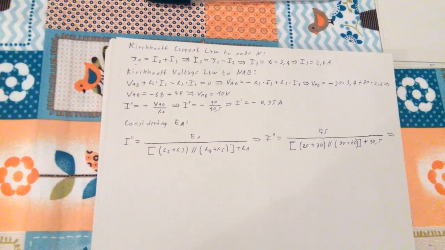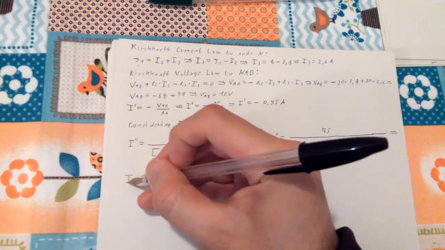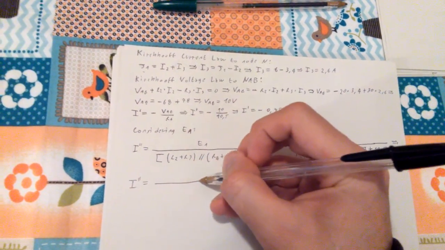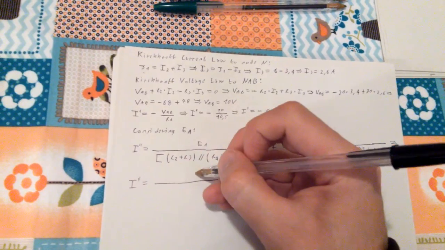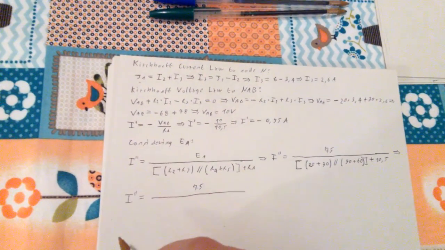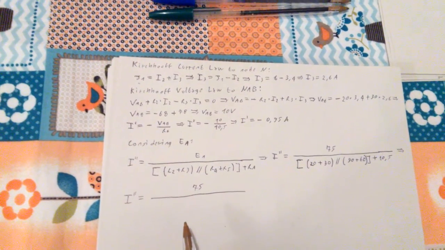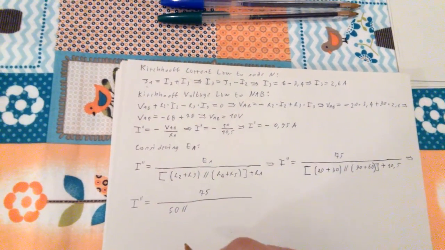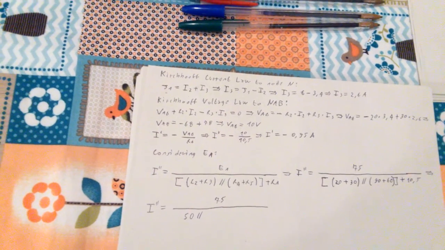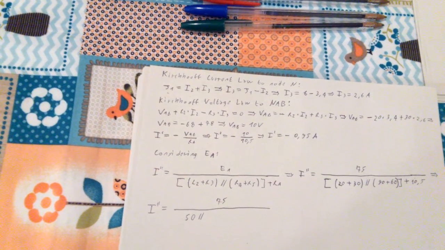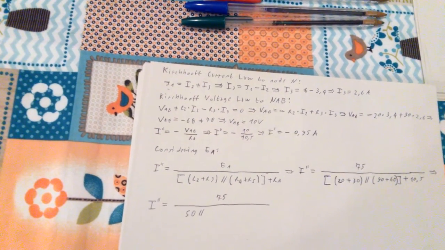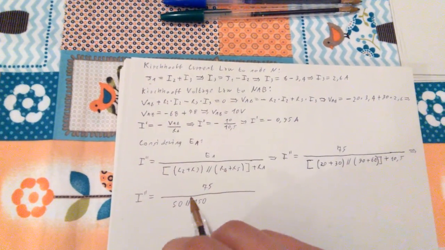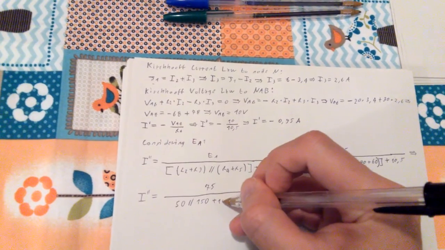Okay, so I second is, let's get rid of all those things. So 20 plus 30 is 50, in parallel with 90 plus 60, which is just 150, plus 10.5.